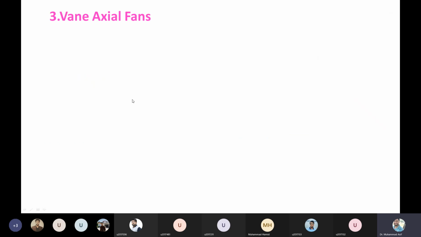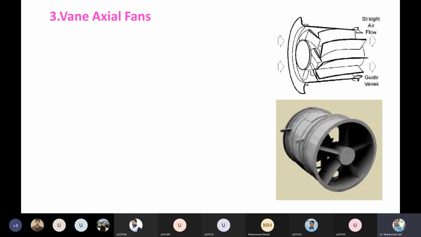The third category is vane axial fans. As the name suggests, the impeller or rotor is mounted with guide vanes. This is a rotating fan, but the air is guided through these fixed vanes. You can see these fixed vanes.